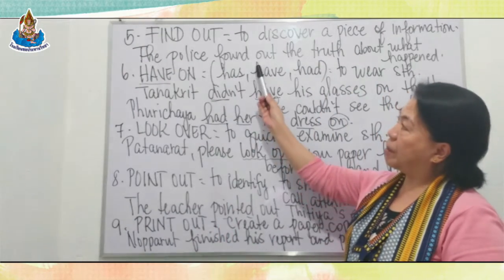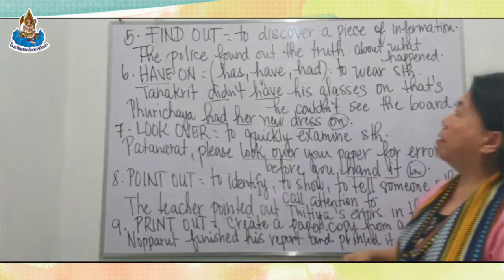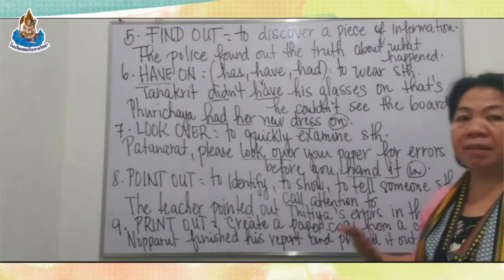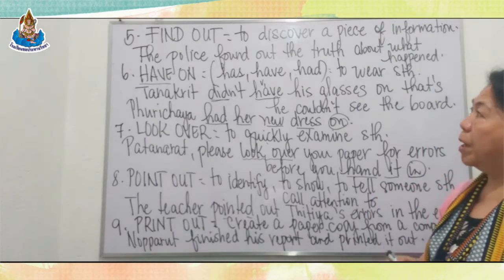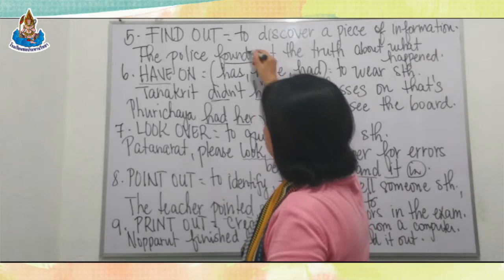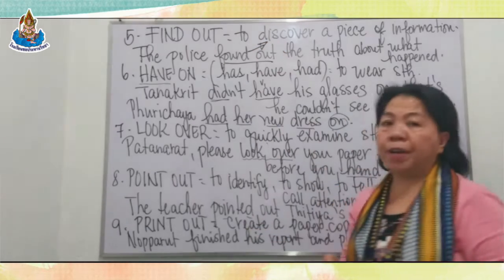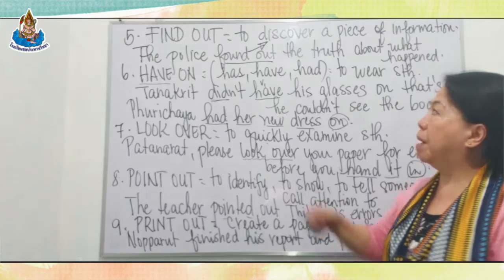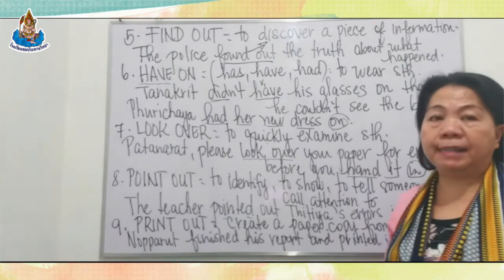Apart from it, we can say the police found out the truth about what happened last night. So found out means that they discovered a piece of information about what happened last night.